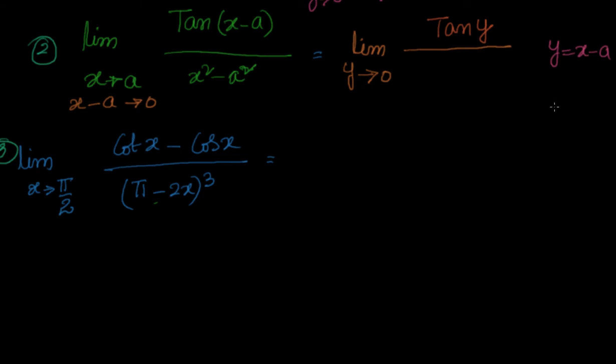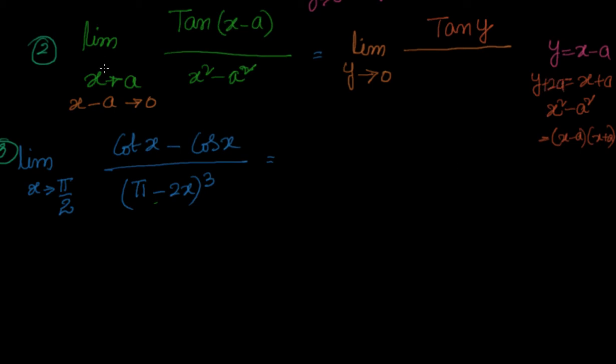X square minus a square is nothing but x minus a into x plus a, that is of the form a square minus b square equals a minus b into a plus b. If y is x minus a, what will x plus a be equal to? X plus a is nothing but x minus a plus 2a. So this is nothing but y plus 2a.